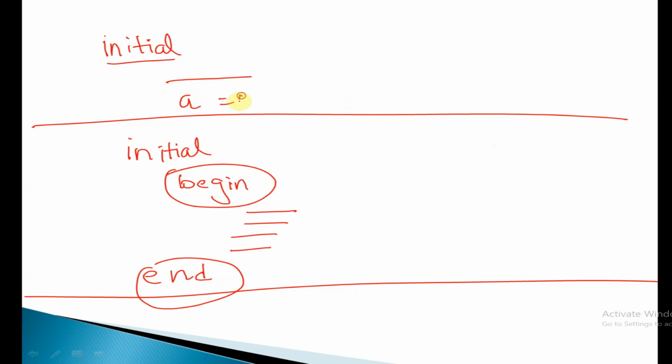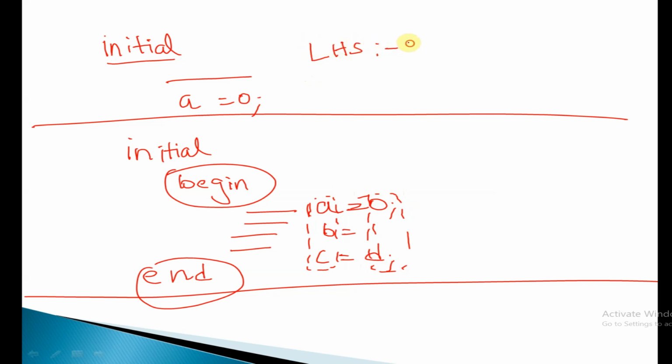Now the second rule. Let's say inside this initial block, the first line of code is a equal to 0, b equal to 1, c equal to d, something I'm writing. This is my LHS and this is my RHS side. The rule is that LHS variables should be only of reg data type.